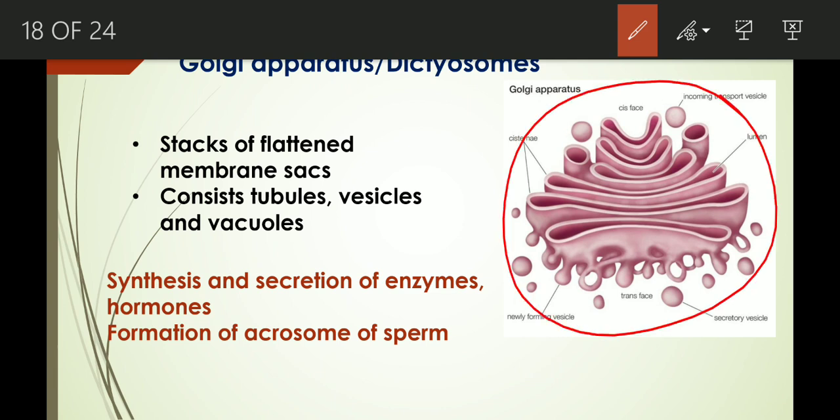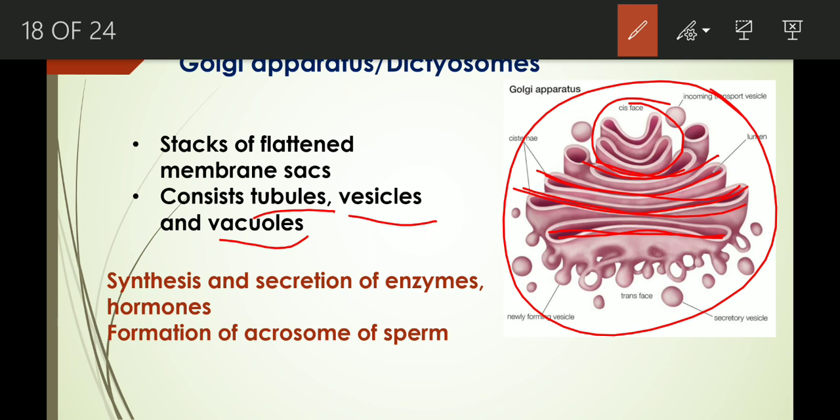If you look at the structure, you can see these are flat sacs, flattened sacs, and that too membranous. That means they have a membrane and these flattened sacs are arranged in layers. That means you can say in stacks. First layer, second layer. So these flattened sacs are arranged in layers. They contain tubules, vesicles and vacuoles.